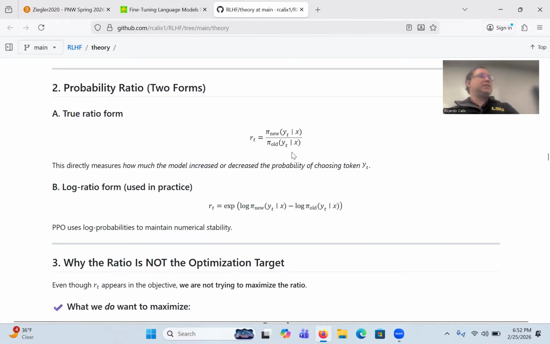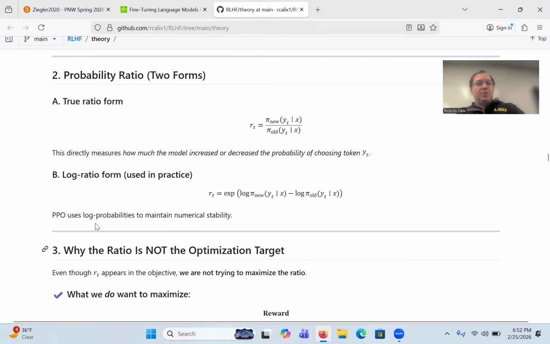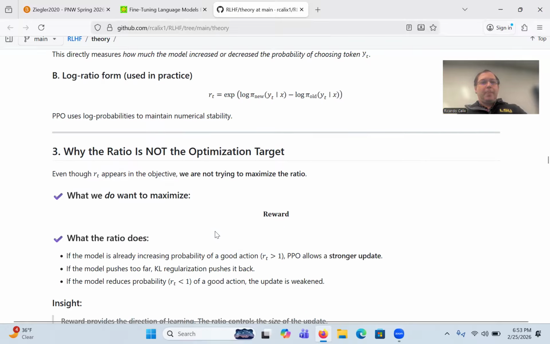And this is more of a tiny brake if we think about it that way because of that clipping effect, right? So don't let the probabilities change that much. We've already discussed this part, so I'll just skip that. That's just the ratio, because of logs, becomes a difference, okay? So PPO uses the log probabilities to maintain numerical stability and make it easier to compute.